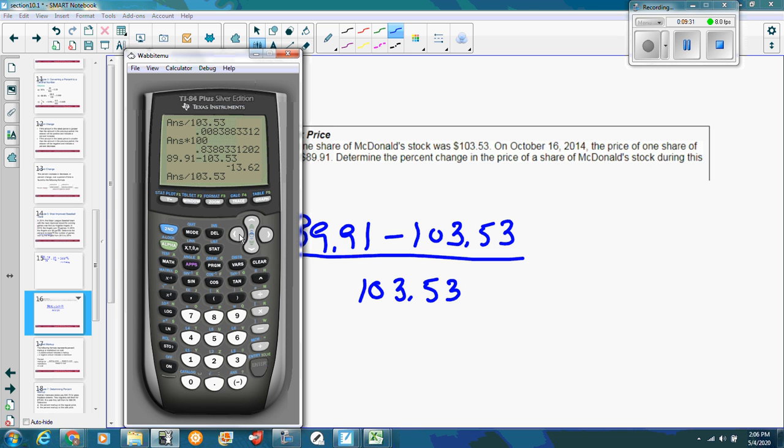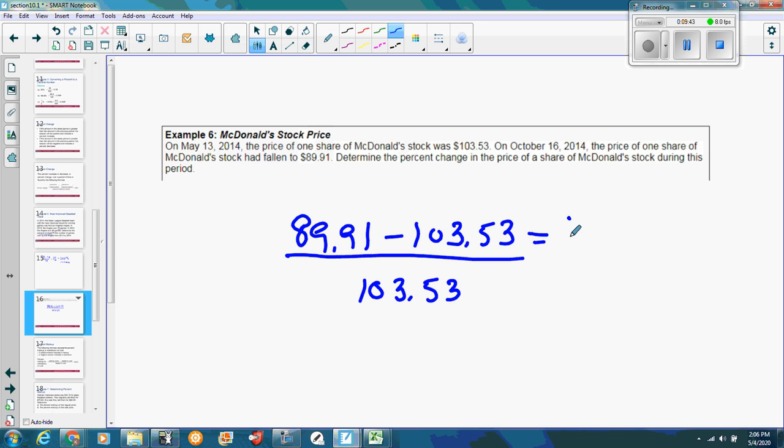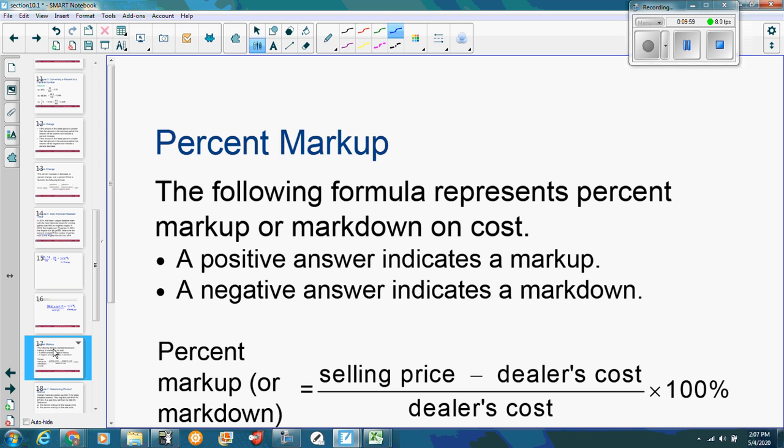There we go. Times 100. So you can see it comes out to be a negative number, but I'm going to write it as a positive number. I'm going to write it's 13.2%, and it's a decrease, but don't put a negative number. I'm concerned if you put a negative number in that you're going to get it wrong on the quiz.